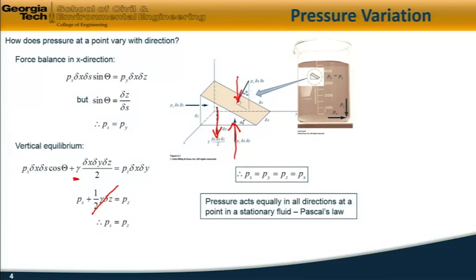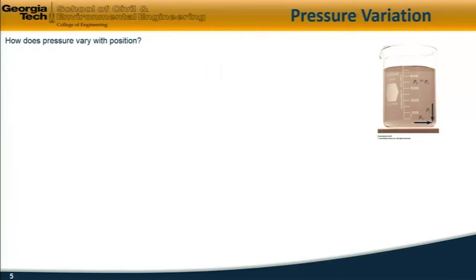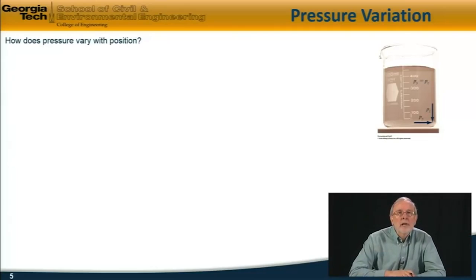This is sometimes called Pascal's law. You can also show, but I won't show here, that this also applies to a flowing fluid if there are no shear stresses acting.